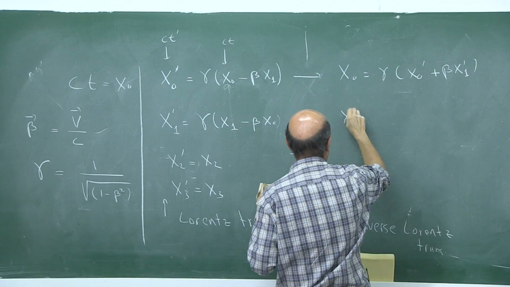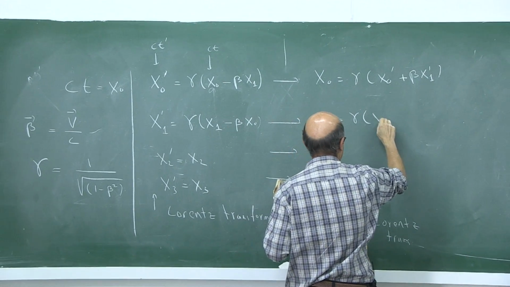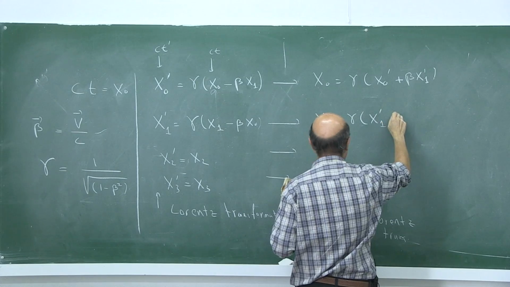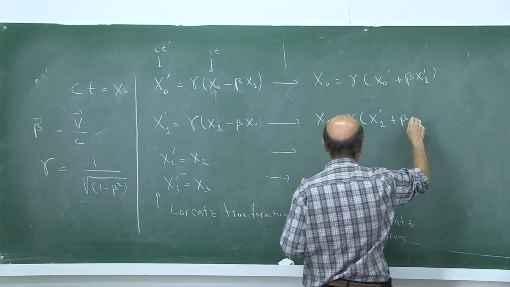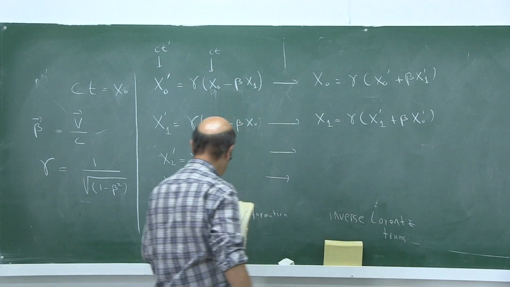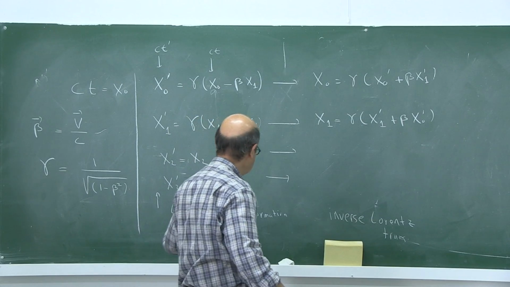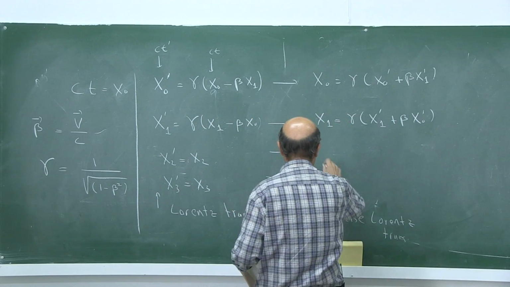So that will be x1 equals gamma times x1 prime plus beta x0 prime. These are not affected. So one is the Lorentz transformation, the other is the inverse Lorentz transformation.